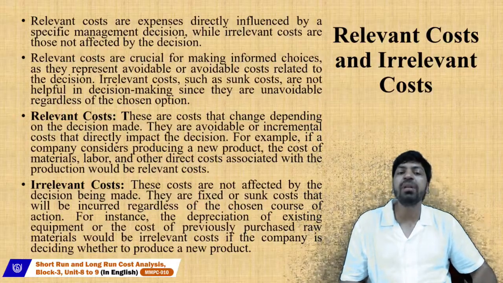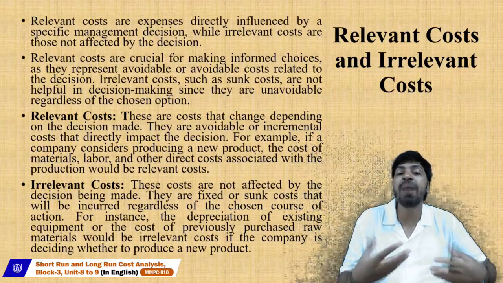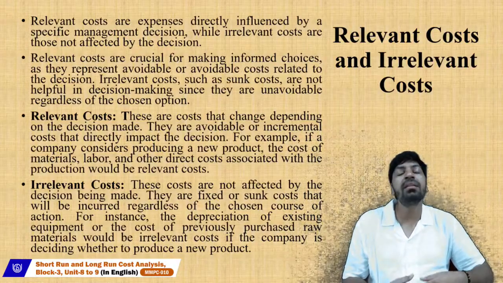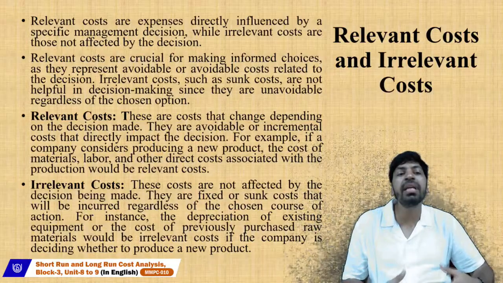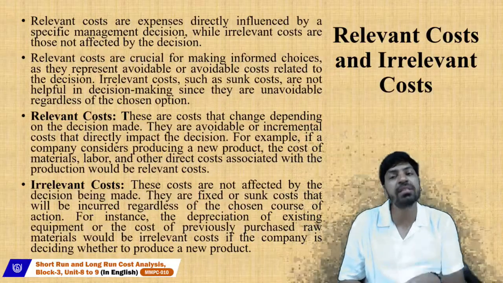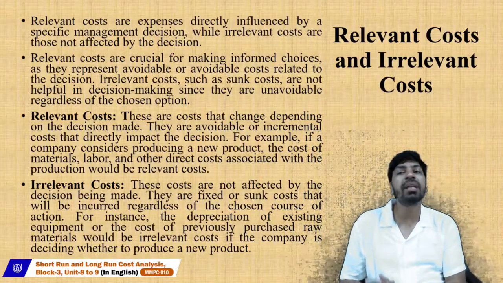So relevant costs are the costs which totally depend on the decisions made by the management or organization, and these are avoidable or incremental costs which directly impact or influence the decisions of the organization. Let's take an example of the relevant cost.